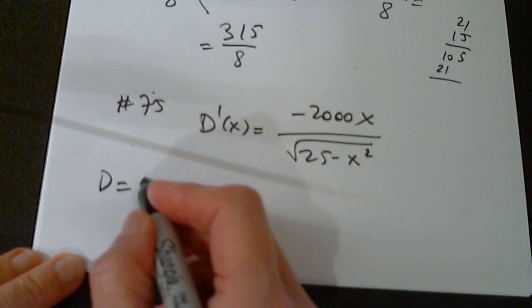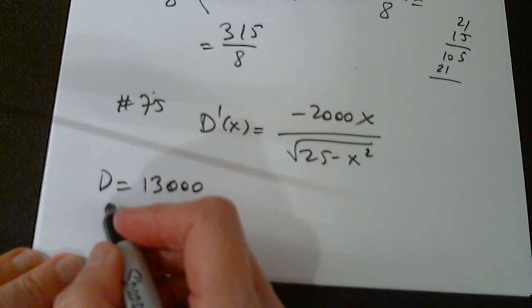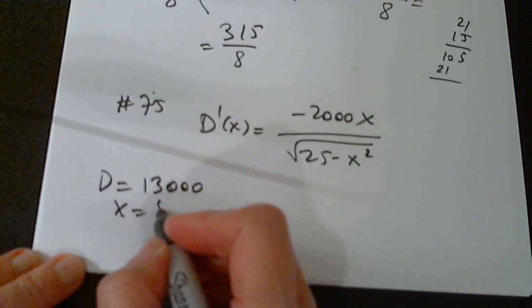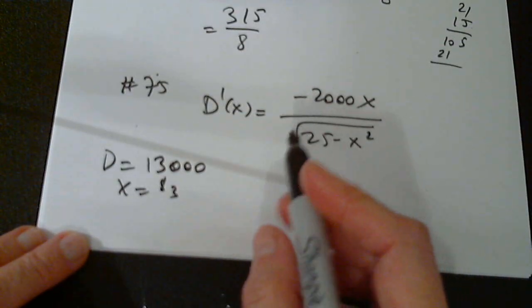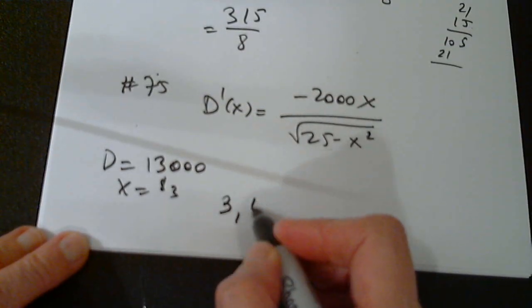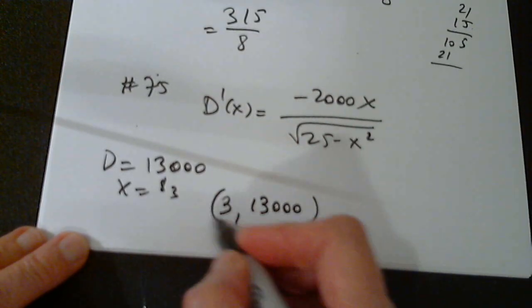So d is 13,000 for x equals 3. So this is a point. They're giving us an ordered pair, 3 comma 13,000.